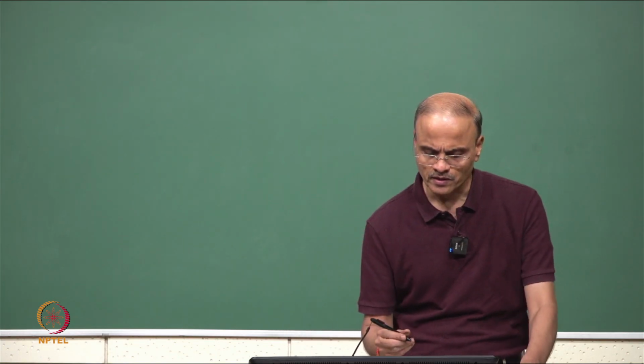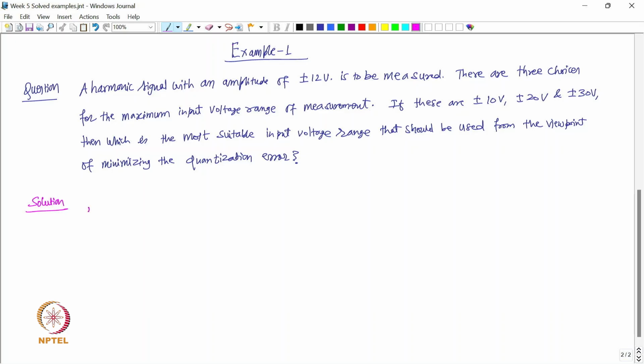So, if n is the number of bits of the analog to digital converter, ADC, and if plus minus V max is the maximum voltage range which we have chosen, the maximum allowable input voltage range, then the quantization interval delta V is equal to twice V max upon 2 to the power n.